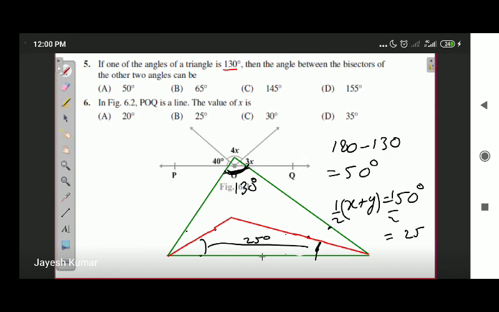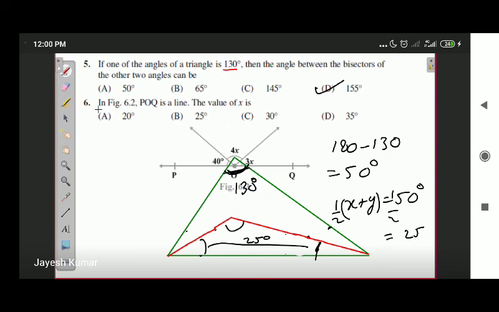If we know the sum of two angles of a triangle, we can easily determine the other angle. So 180 minus 25 will be 155 degrees. That will be the third angle of this triangle.